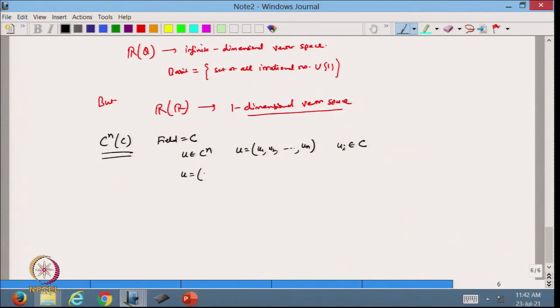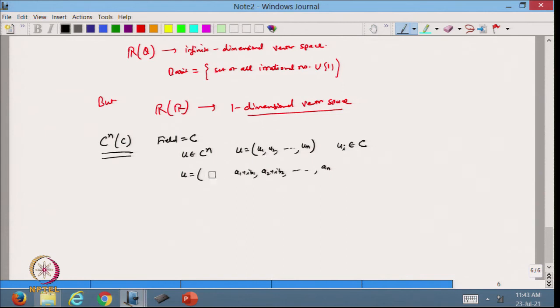So, I can write from here that my u will be of this type. I can write it like this: a0 plus i b0, a1 plus i b1, a2 plus i b2, and so on.